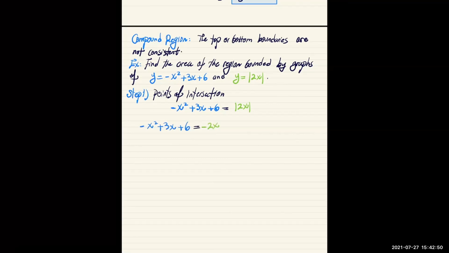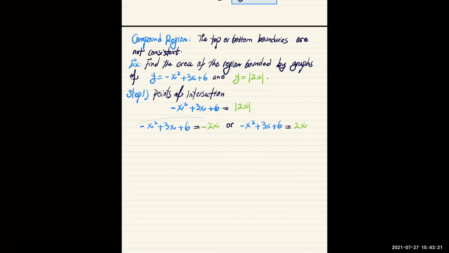Or you're going to get negative x squared plus 3x plus 6 equal to negative of 2x. Oh, I meant to say positive of 2x. Absolute value of 2x means negative 2x or positive 2x.